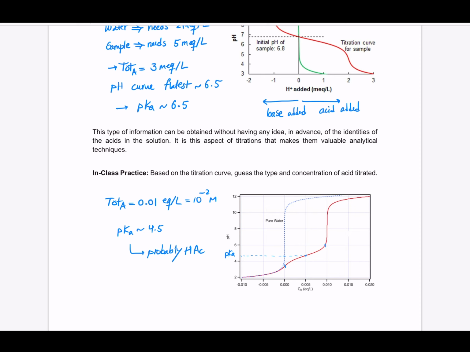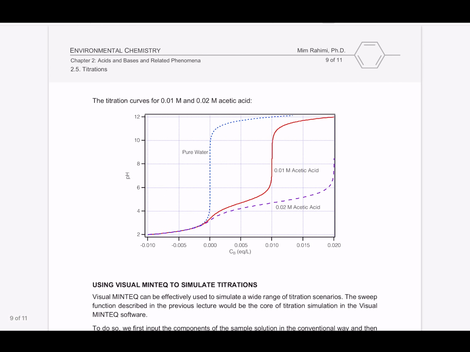Because this might be a very complex matrix of species that eventually get to a similar curve. To just highlight the impact of concentration, here we have pure water. We're adding base. As you see, the pH increases. And we have acetic acid, two different concentrations.